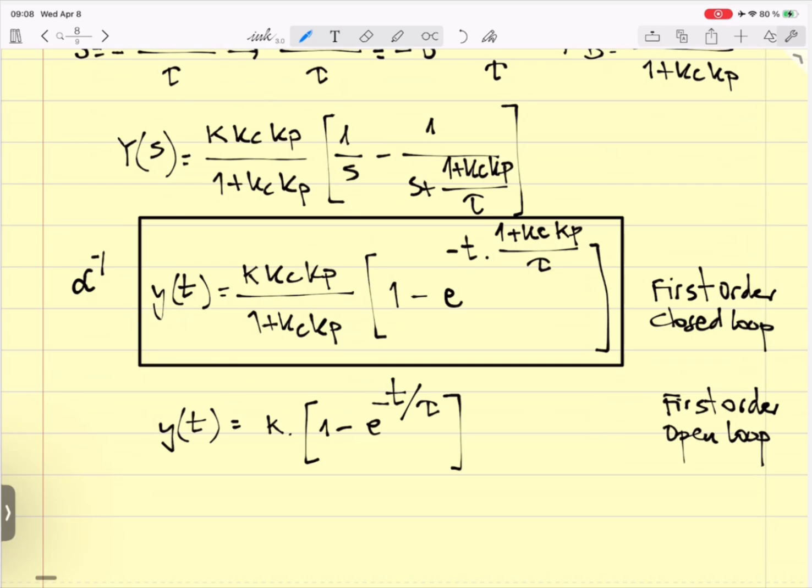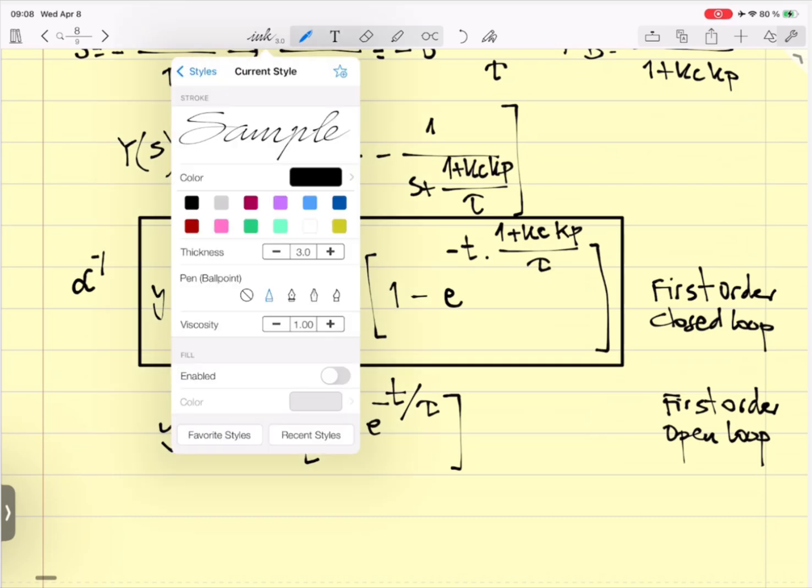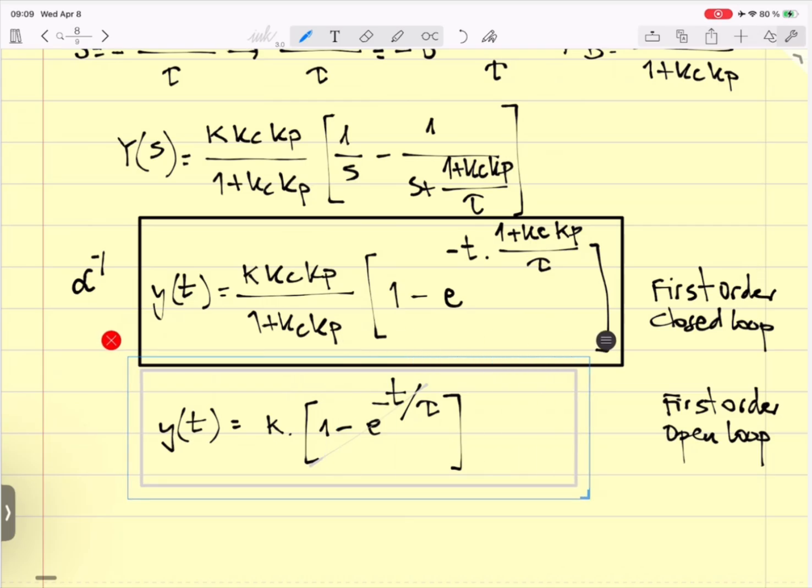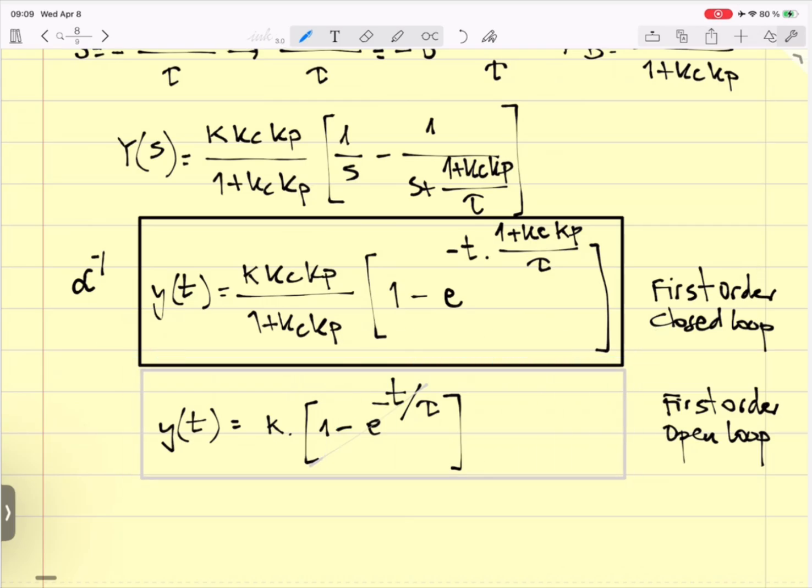Okay, so this is above. You see the effect taken by these constants.